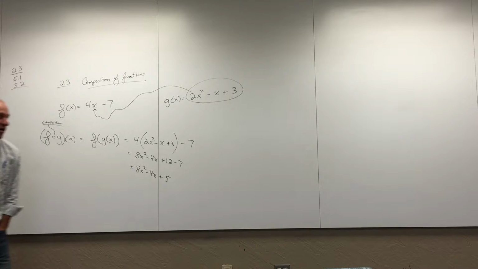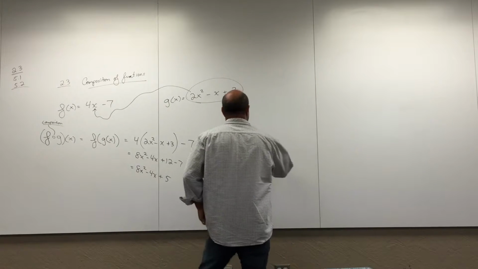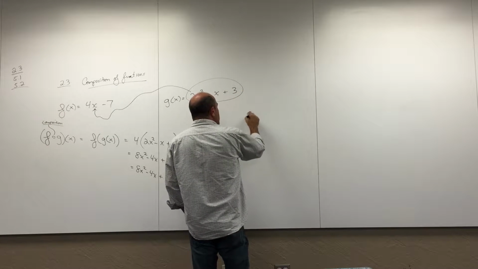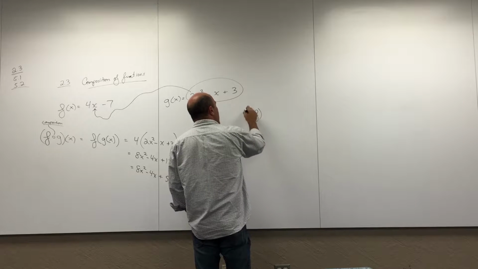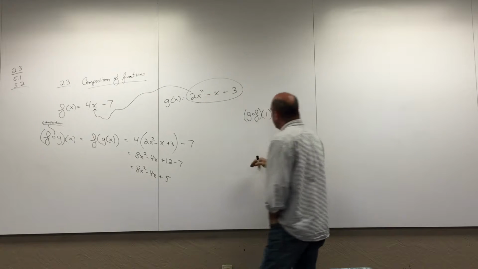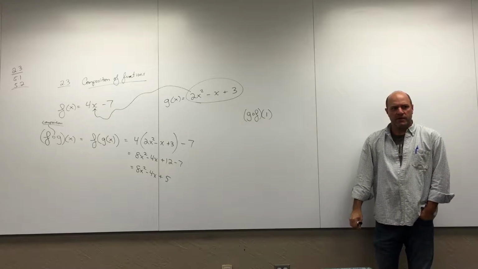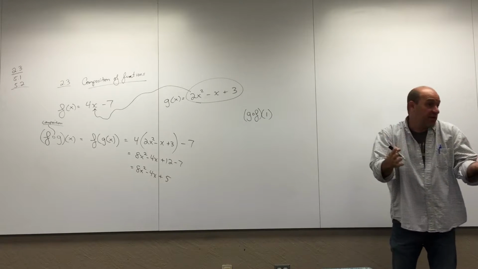It's a little more fun to do it with a number. Watch this. G composed with f of 1. So now I'm not plugging in an x, I'm plugging in a 1.